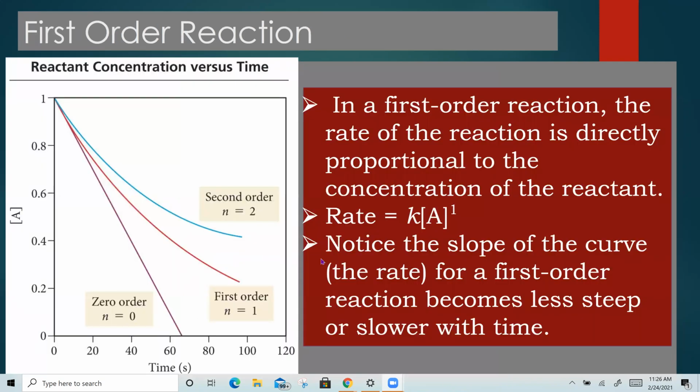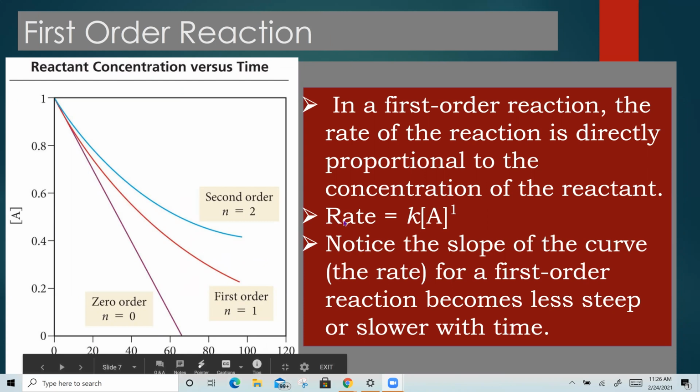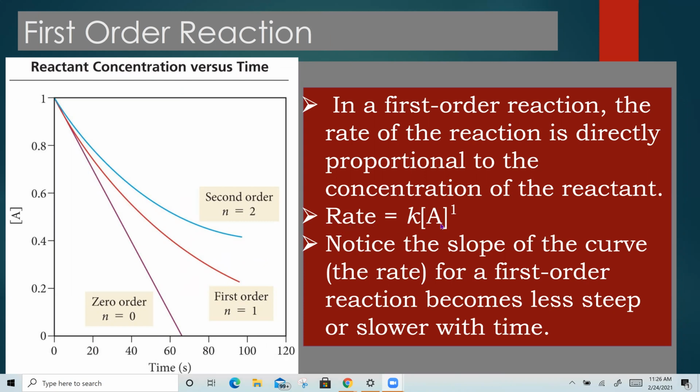Okay, let's go to a first order reaction. Now this is a red background, so we're talking about the red line here. In a first order reaction, n is equal to 1. So if you look at the rate law we wrote for that, k, the rate proportionality constant, times a to the 1, that's where n equals 1. So that's showing that it is first order, and it's directly proportional.